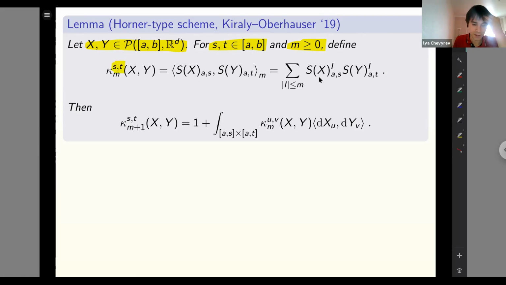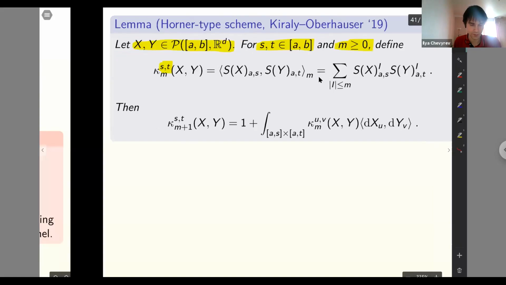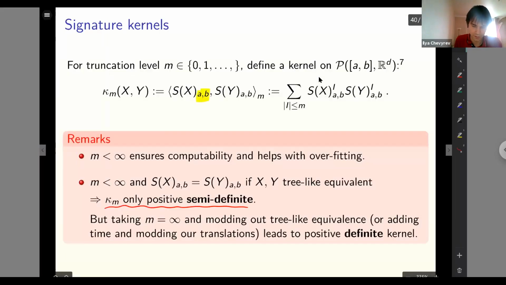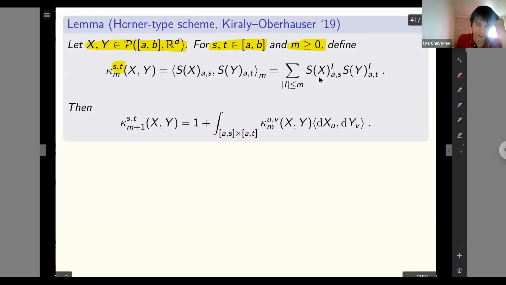On the previous slide I took the signatures from A to B in both. Here I restrict the path x to the interval [A, s], and the path y to the interval [A, t]. Explicitly it's given by this sum.